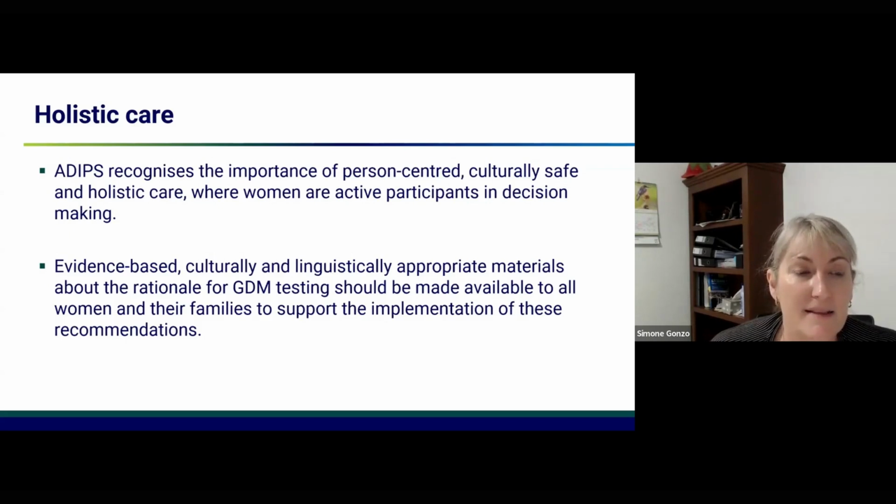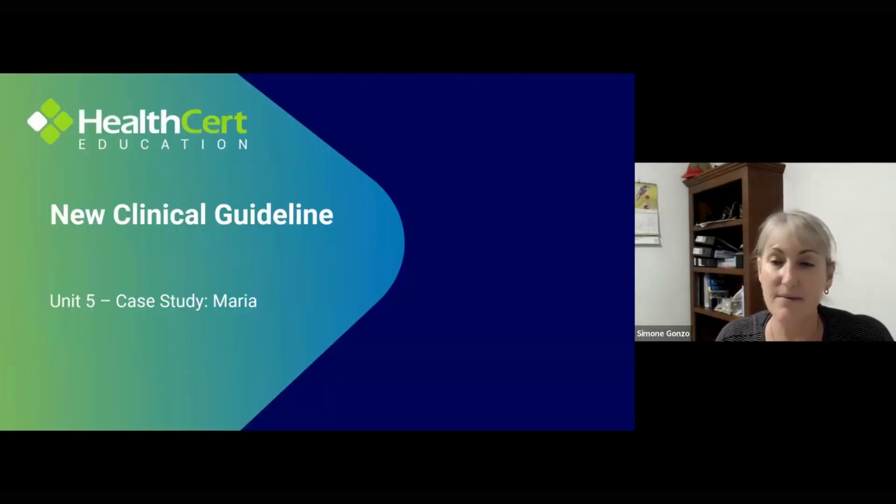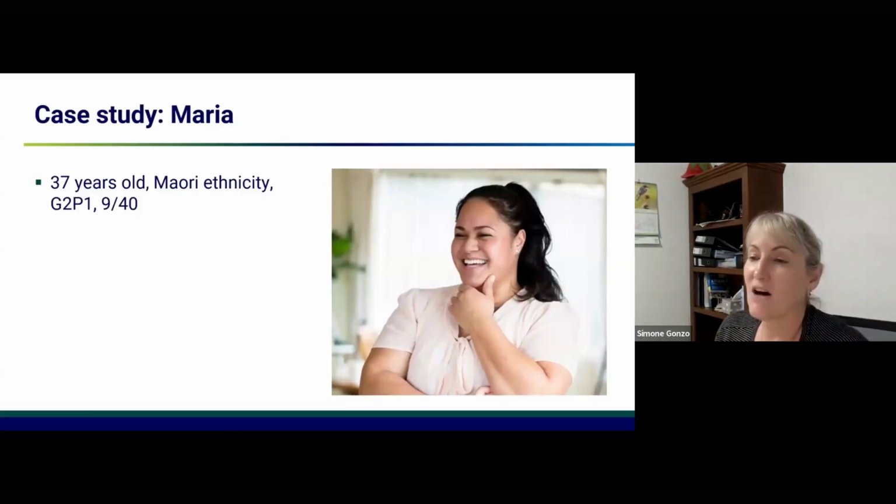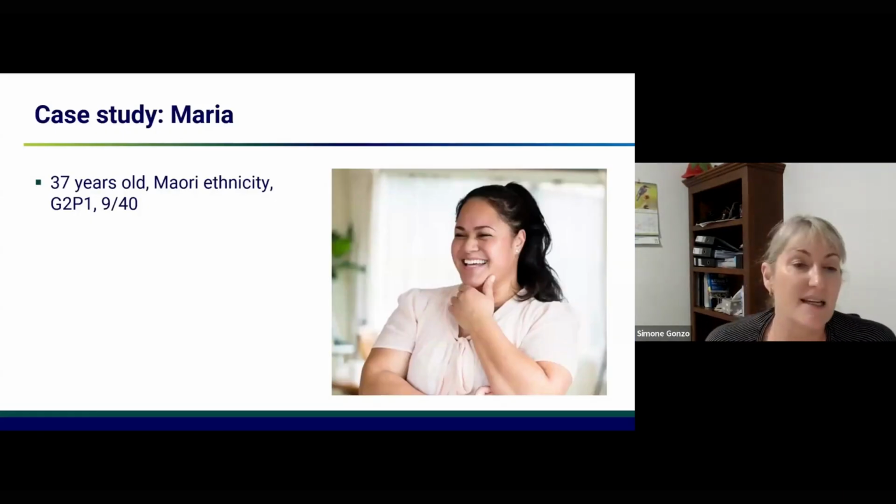So we'll apply some of that knowledge. As I said, this evening's webinar is basically just on streaming those patients into their diagnosis and where we go to from there. So we'll look at our first case study, and that's Maria. Maria is 37 years old, Maori ethnicity, and she's a G2 P1 presenting at 9 weeks.